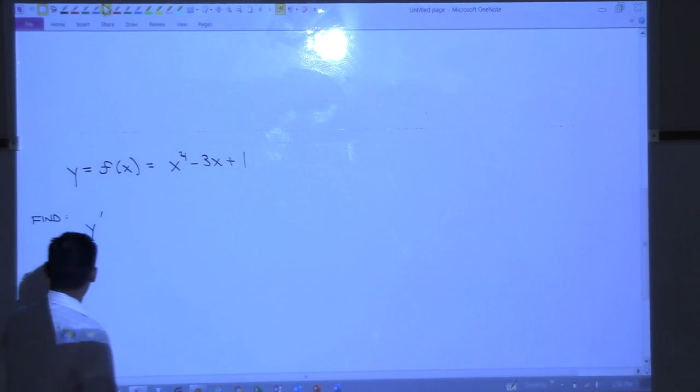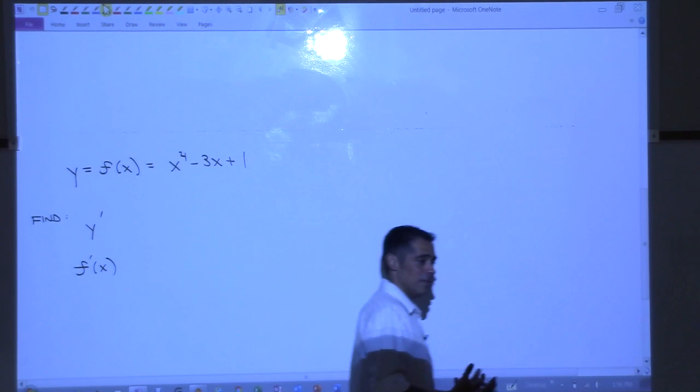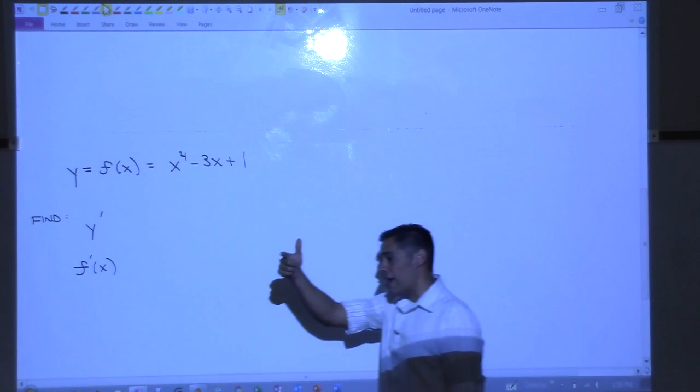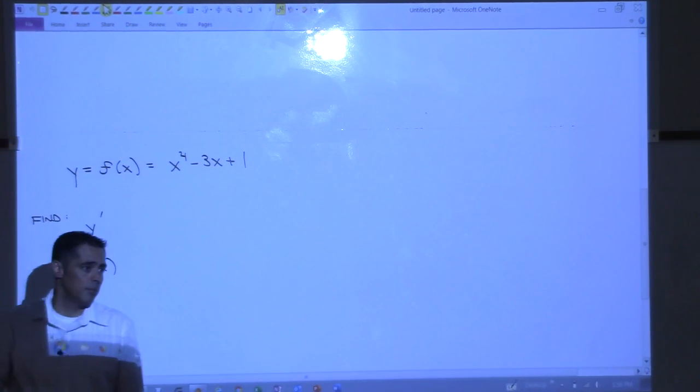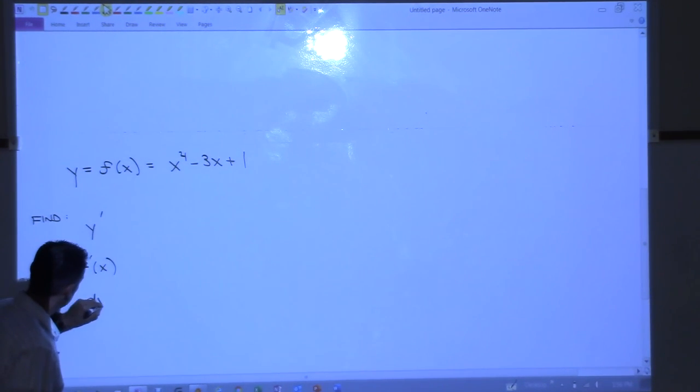I could also have written f prime of x, and everyone would have said, okay, I'm going to take the derivative, right? But there were some other notations that I showed you earlier in the class that we have just kind of stayed away from. So here's another notation that we could have used. I could have written dy dx.